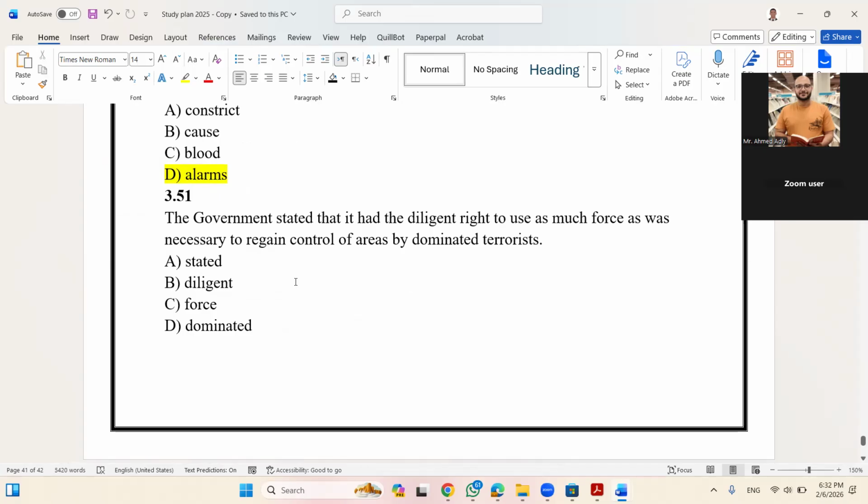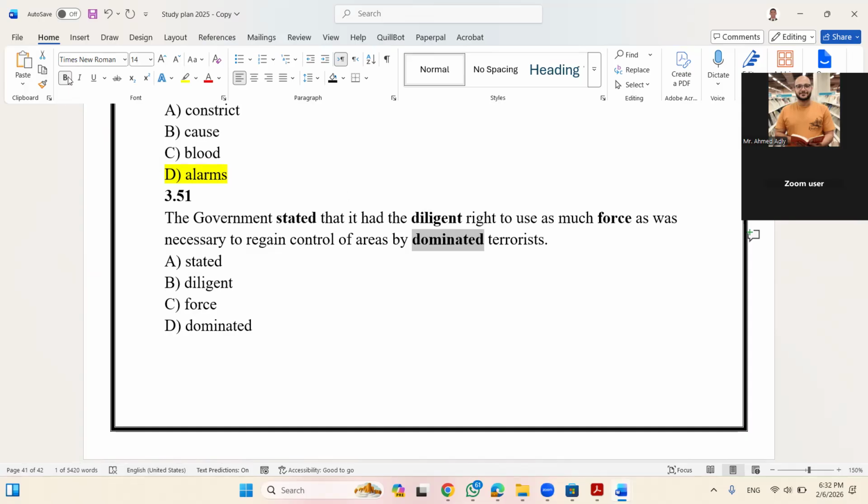Next. The government stated that it had the diligent right to use as much force as was necessary to regain control of areas dominated by terrorists.